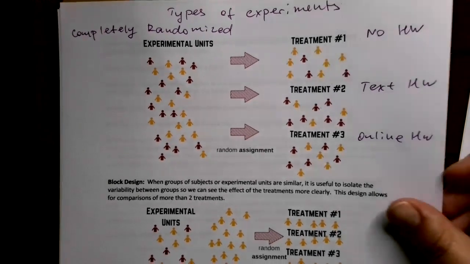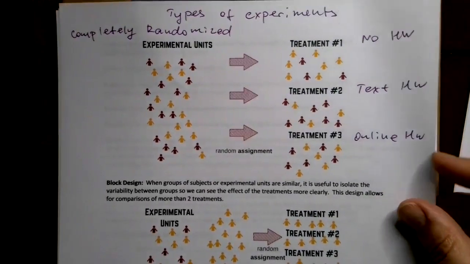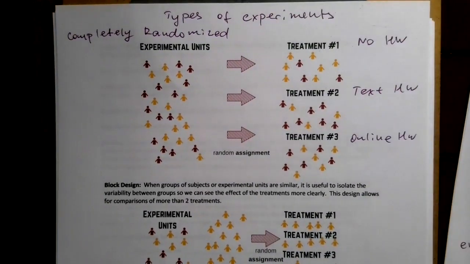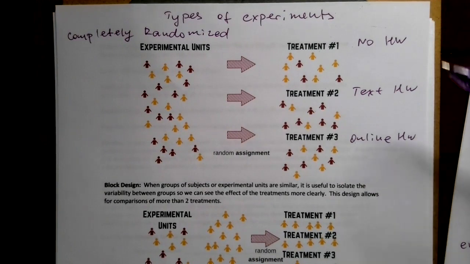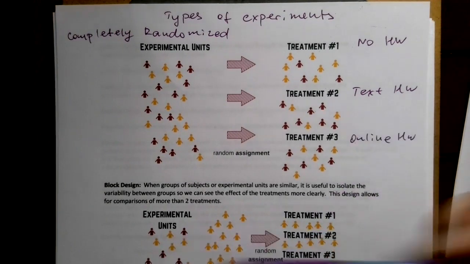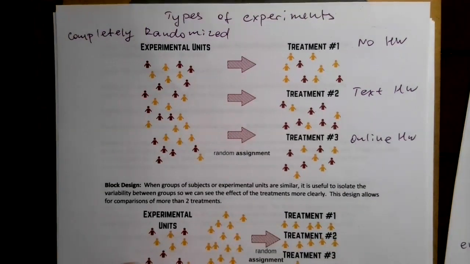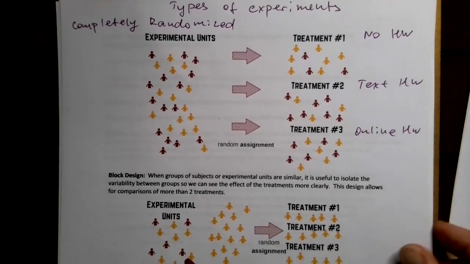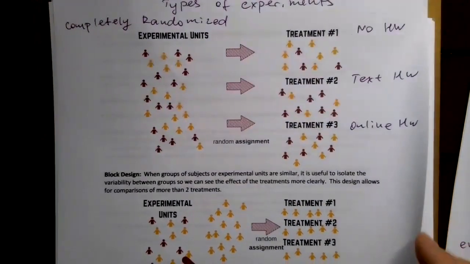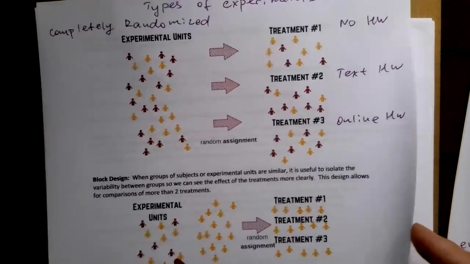Then how do we avoid that? So to avoid that, we're going to do something similar to what we did for a stratified sample. So the technique is similar. We are going to divide our students into two groups prior to assignment, two different treatment groups.